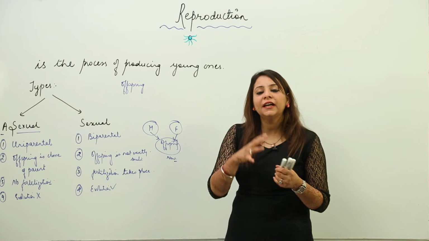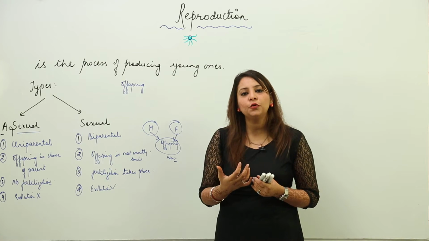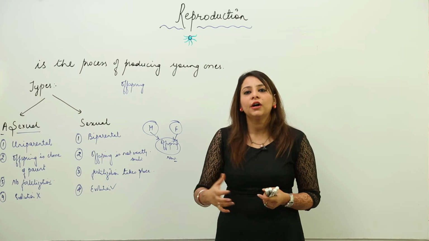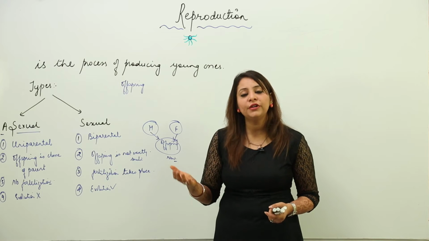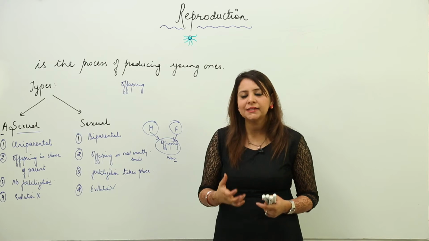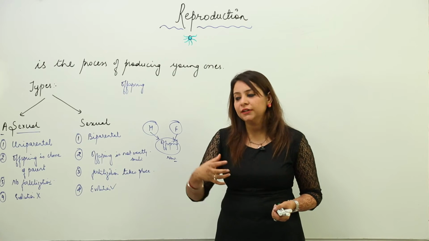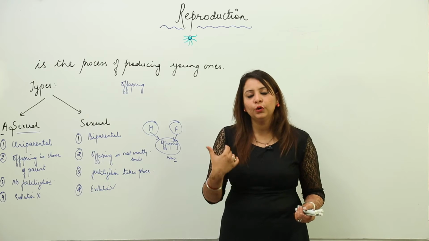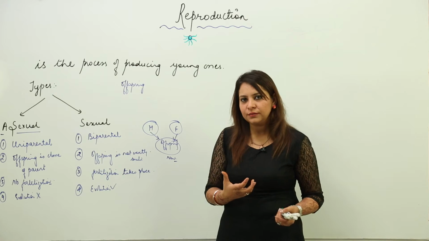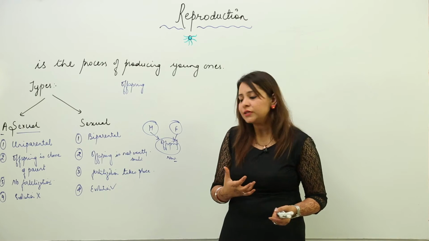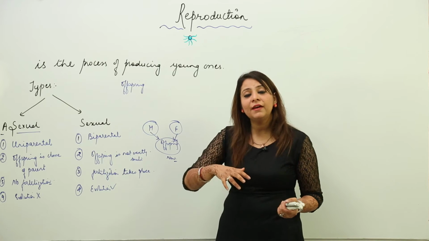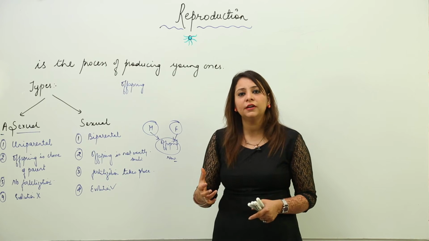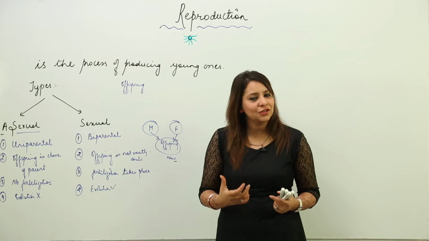Evolution is the gradual sequence of changes that took place over millions of years, which leads to the development of entirely new species. As we all know, our species originated from monkeys. We are from the same lineage, so evolution has taken place because our ancestors were monkeys.